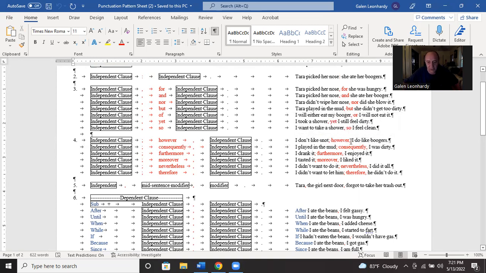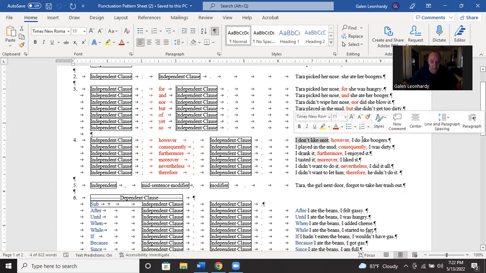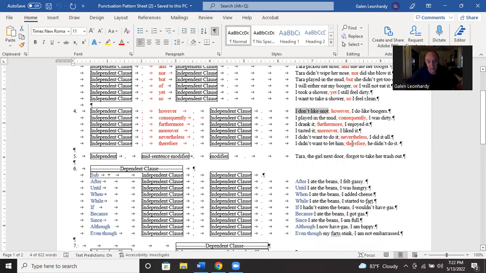But the hinge structure looks like semicolon, conjunctive adverb, comma. And it's the same for all of these conjunctive adverbs, and you can look them up online. All right. You can see that these all have the same pattern, and that you can create a long sentence from shorter structures that could stand alone as sentences, right?